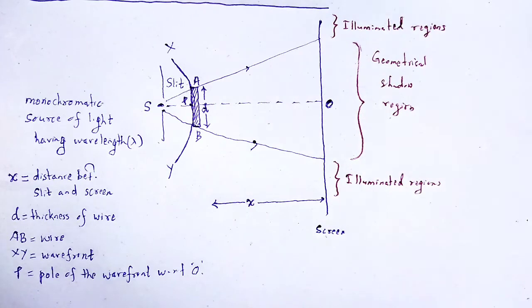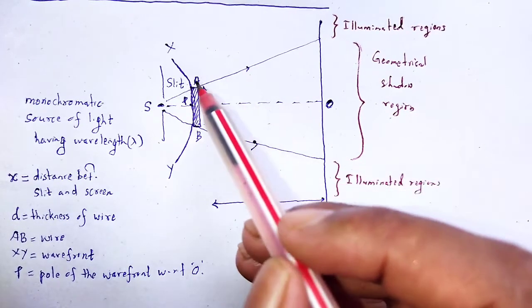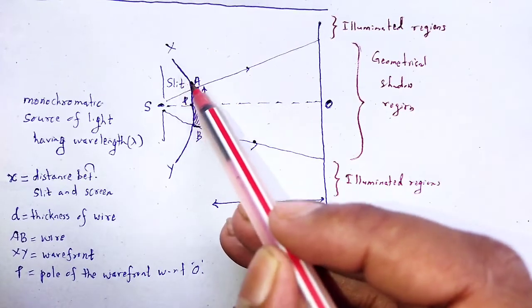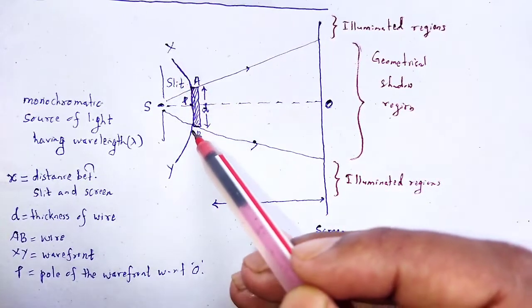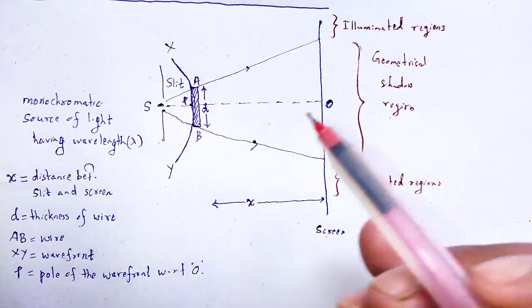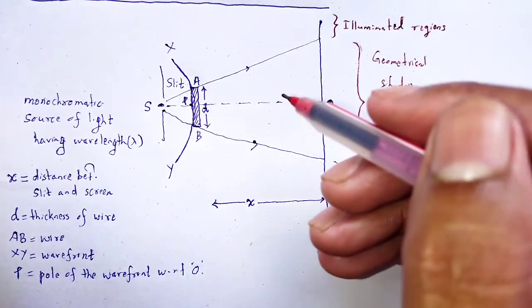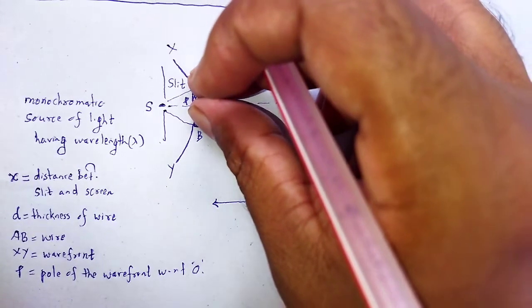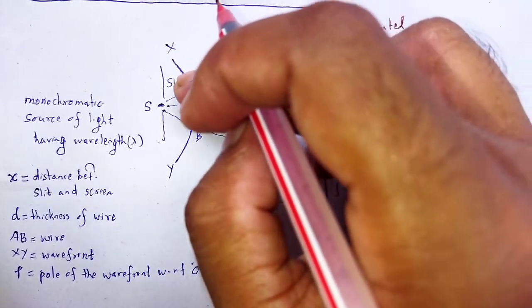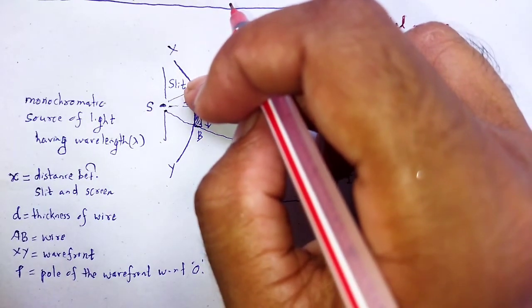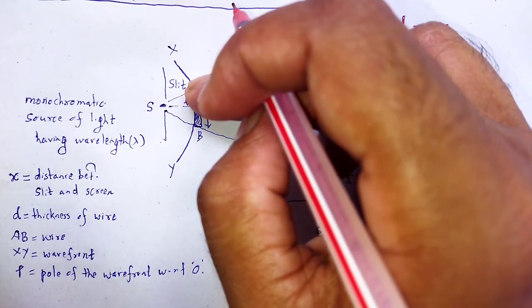Look at that figure. Here and there, XA and YB, that portion also acts as a straight edge.